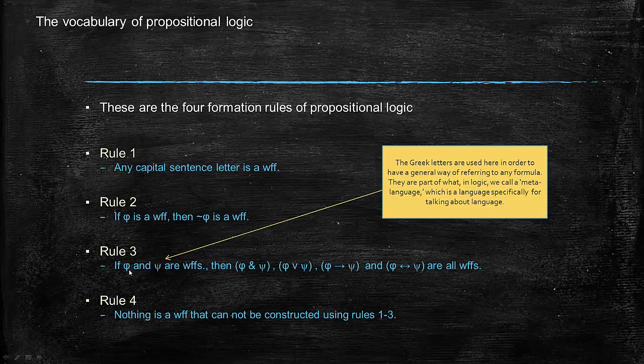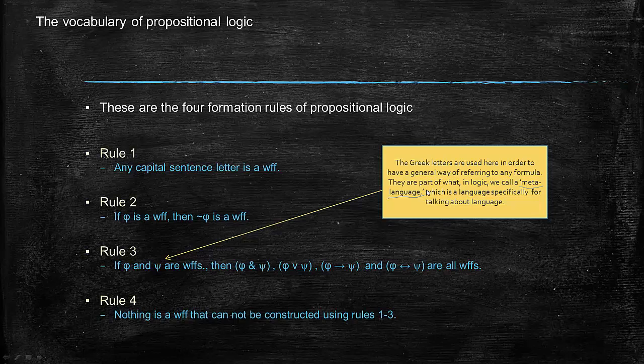If the book just wrote, if P and Q are wffs, well, P and Q are part of the language, so we need a way of talking about the language itself. So we call these terms part of what's called the metalanguage. The metalanguage is the logician's name for a language specifically for talking about language.